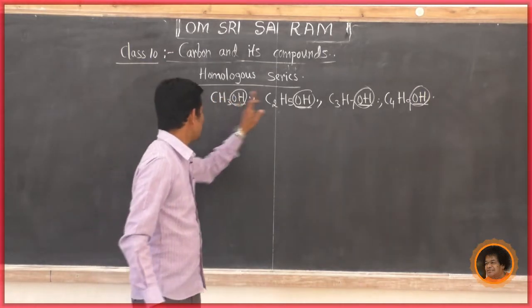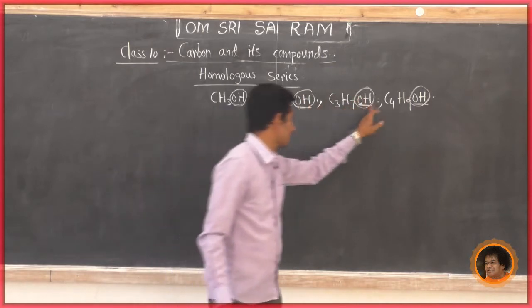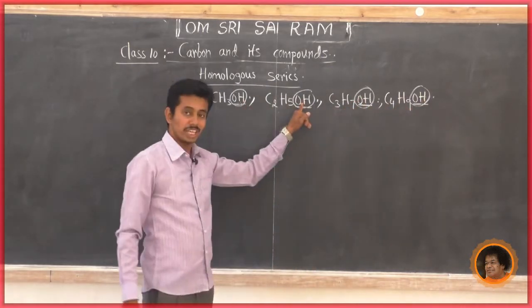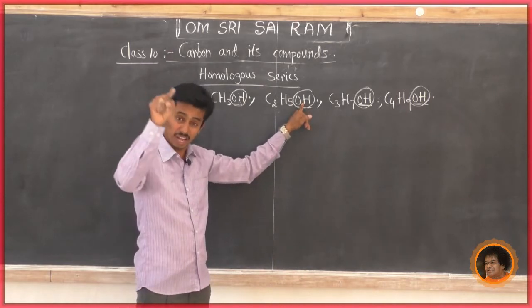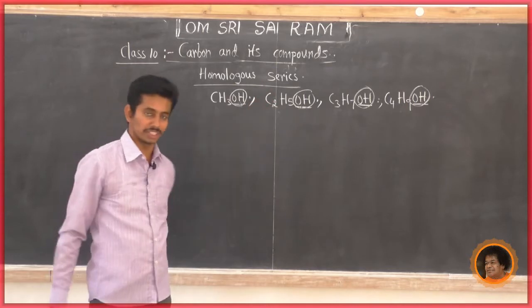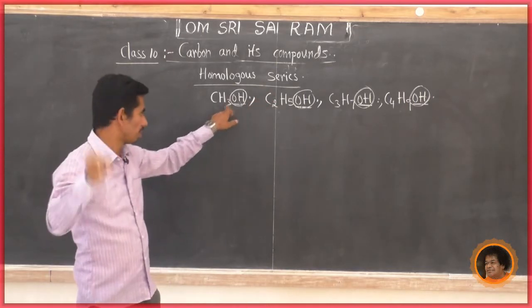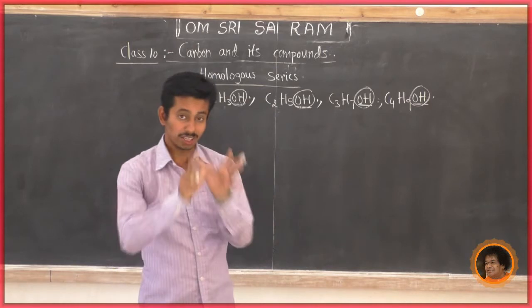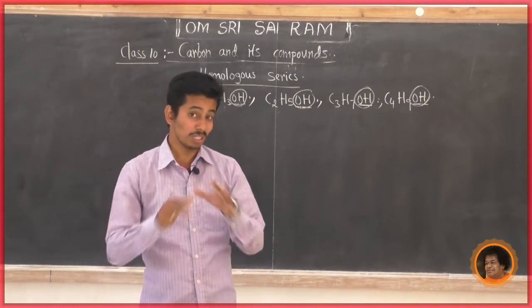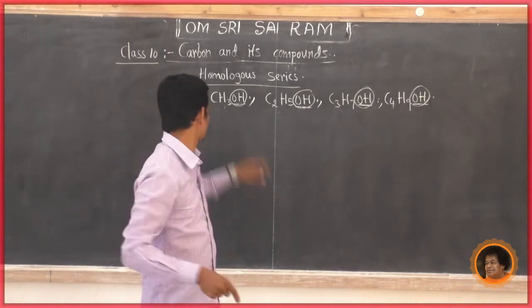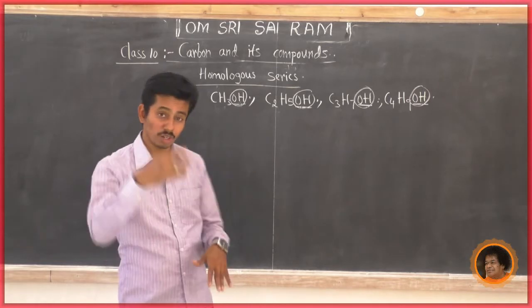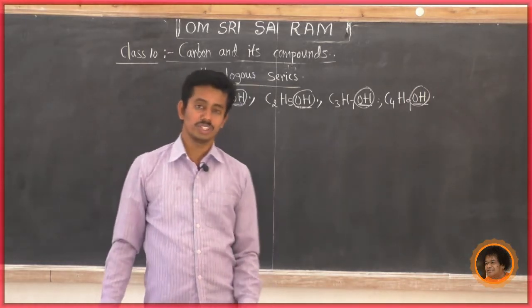So every sequence of compounds which contains OH as a functional group has the same chemical property and the same functional group. Therefore, they belong to a homologous series. It means methanol, ethanol, propanol, butanol are a homologous series. Or we can say the sequence of alcohols belongs to a homologous series.